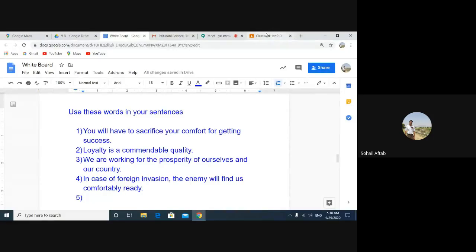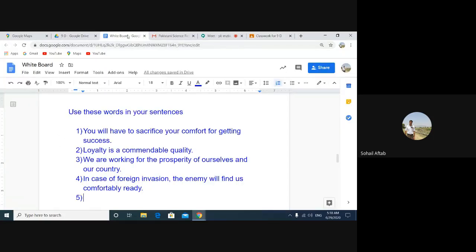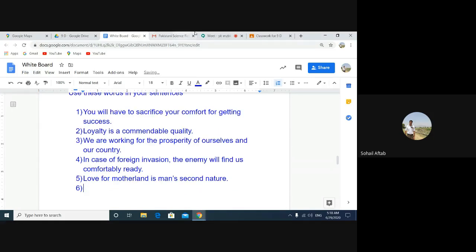Number five, motherland. Love for motherland is man's second nature. Second nature means something very similar to nature. It is in human nature.